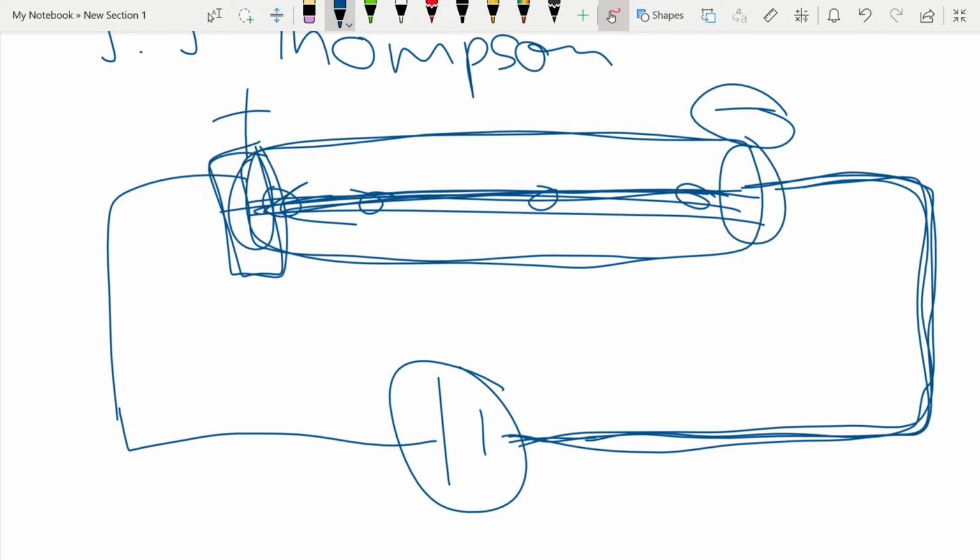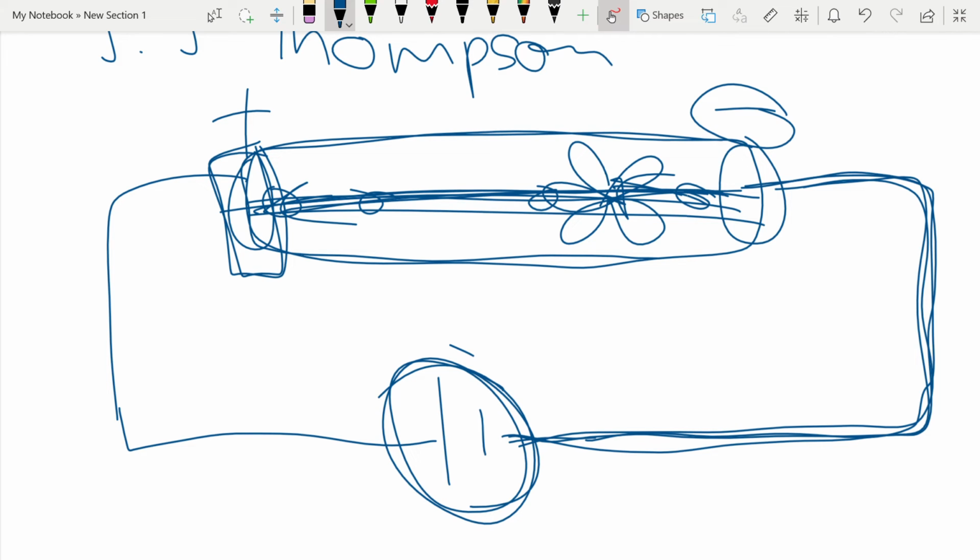Something was flowing. To make sure, he put a fan over here, which was stopped, and when he connected the battery, the cell, it started to rotate, meaning something was hitting it.